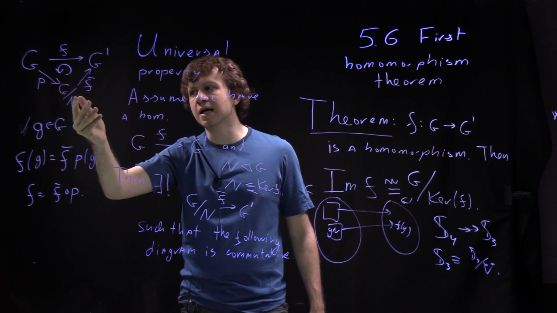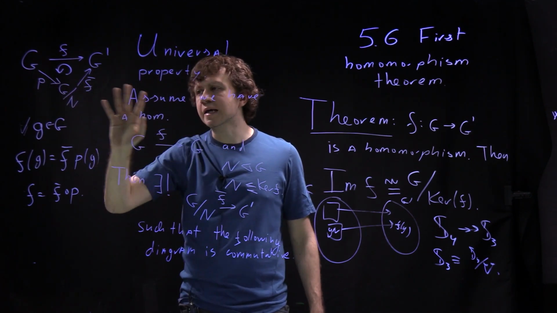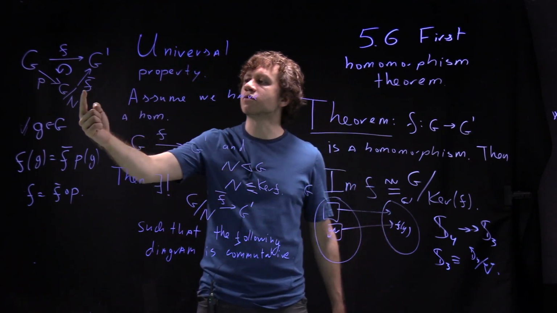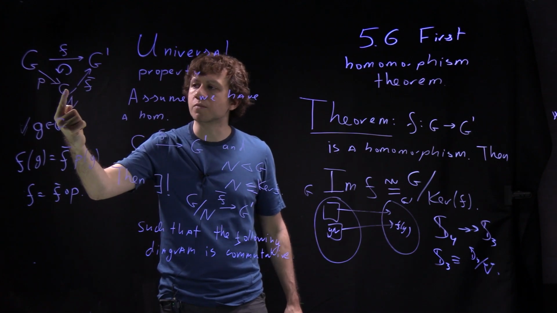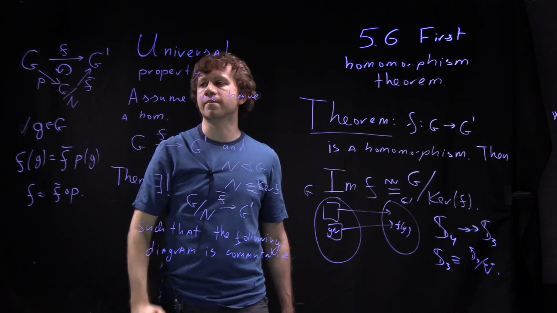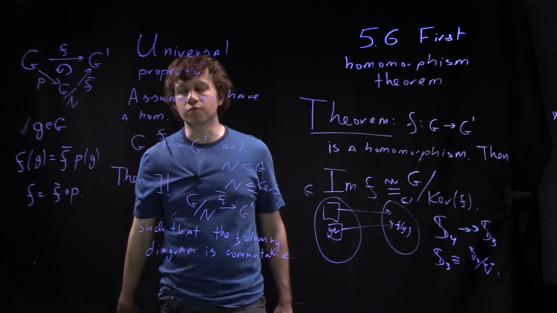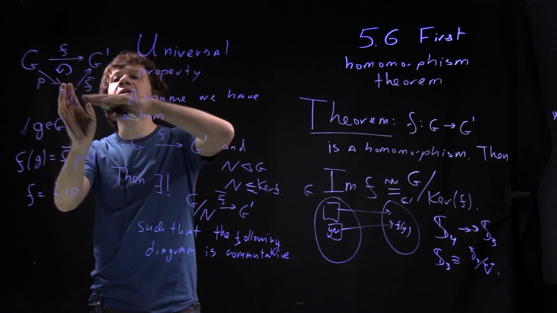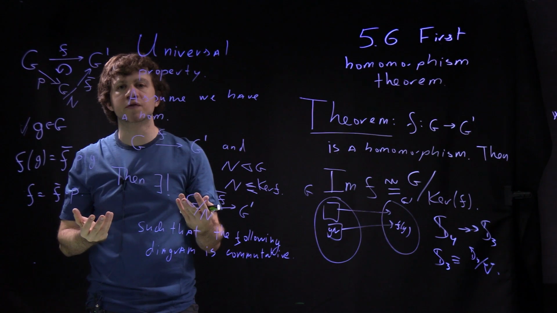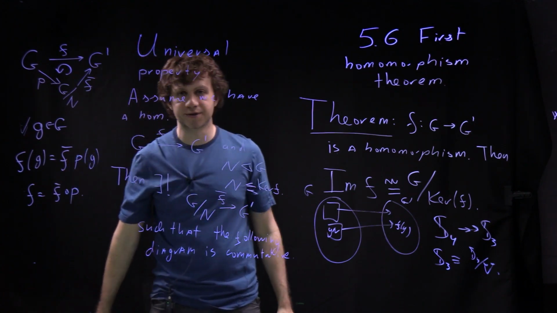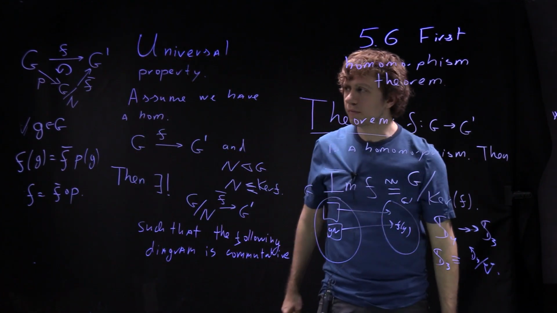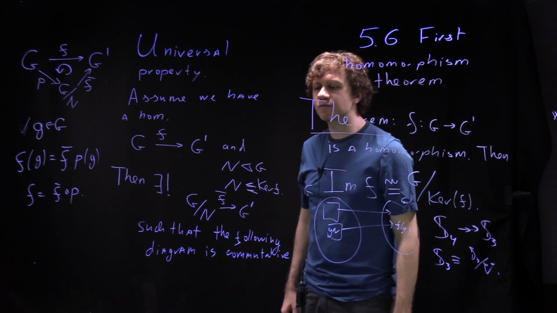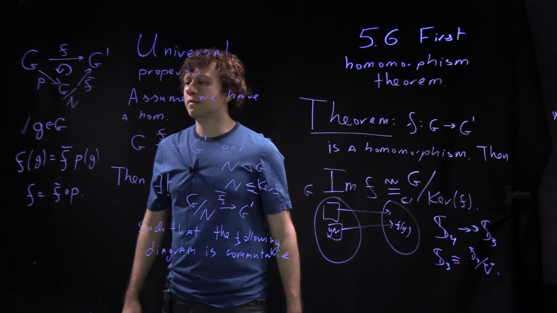Some conjugates, some classes, some cosets, something slightly more abstract. So this theorem tells you how to construct maps from G over N to G prime, where G prime is any group. It basically tells you that if you have this mysterious factor group, this is how you construct homomorphisms from it. This is how you study it.